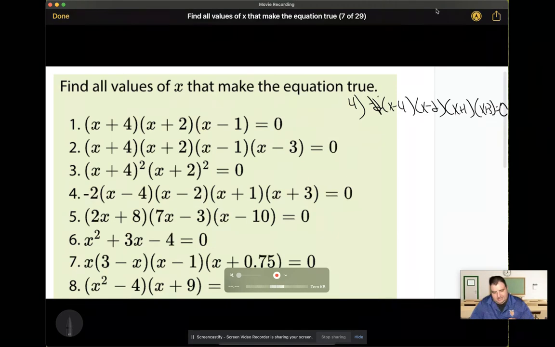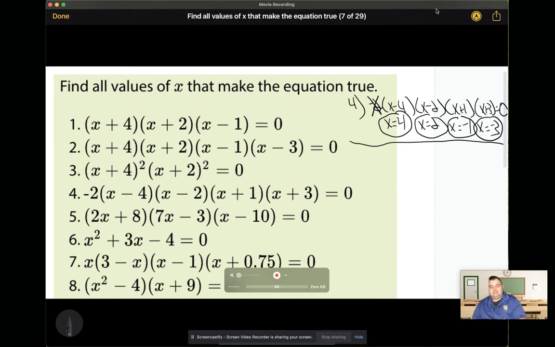So this is not going to affect my x-intercepts. If I set each of these equal to 0, I know I'm going to get x equals positive 4, x equals positive 2, x equals, so plus 1, we're going to switch that to negative 1, and x equals negative 3. So that factor of negative 2 is not going to affect how I solve and find my x-intercepts.